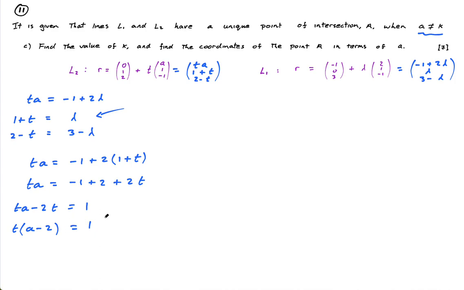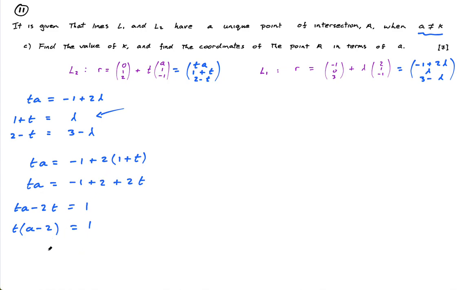But what can't a be? Because we're trying to find k, the value that a cannot be. Now let's think about it. If a was 2, if I put in 2 there, then I'm going to have 0 times t equals 1, which is 0 equals 1. Does that make any sense? No, definitely not. So a cannot equal 2.